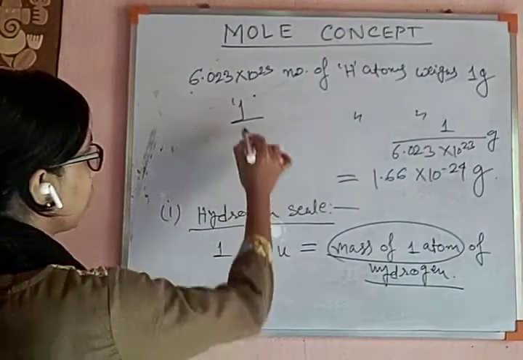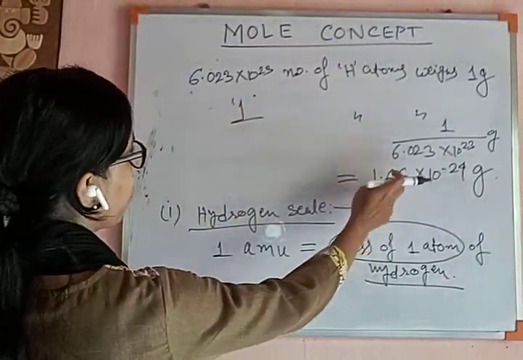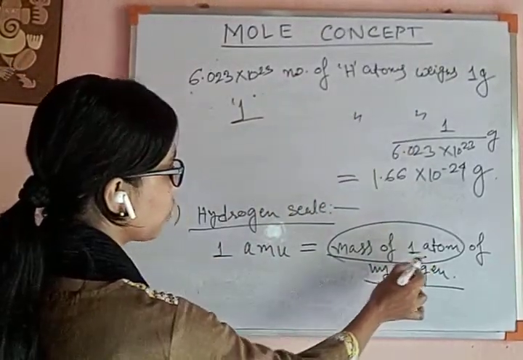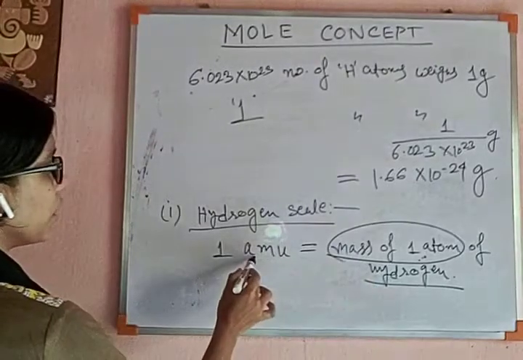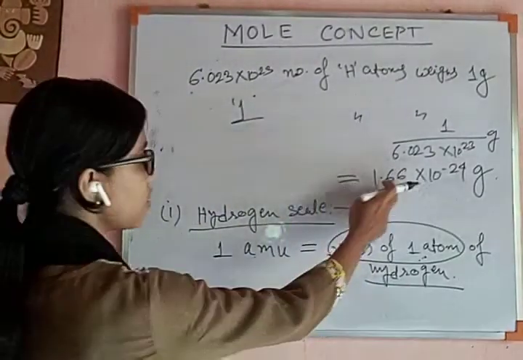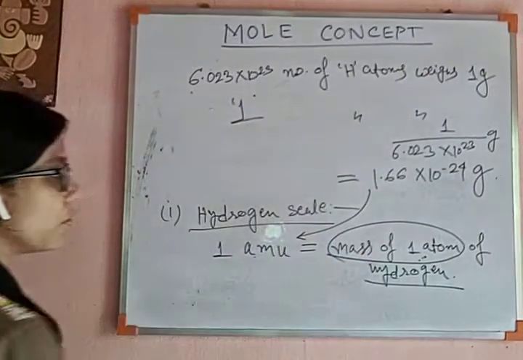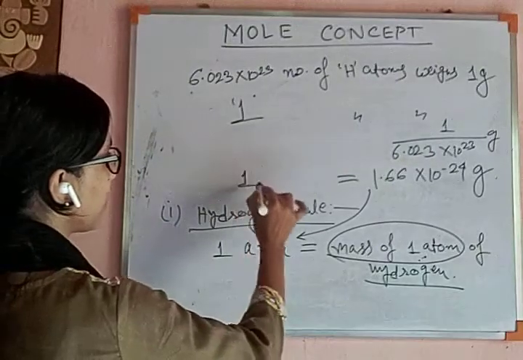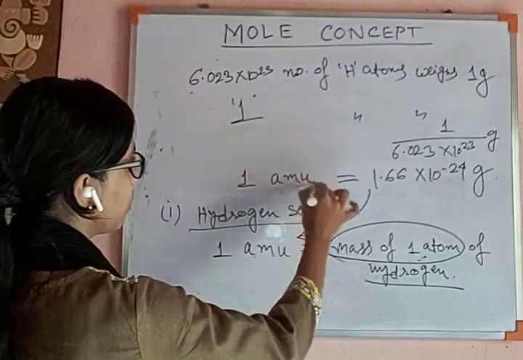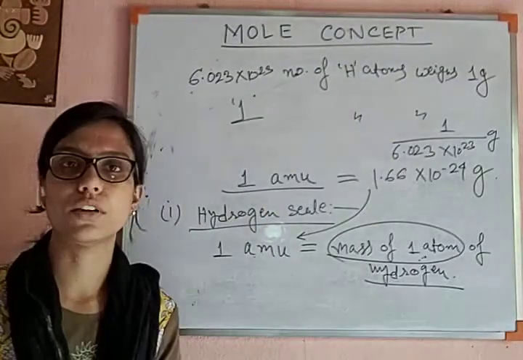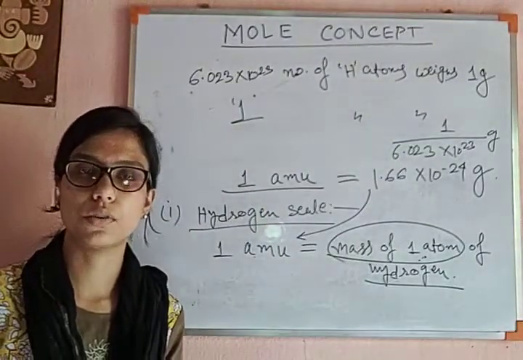This is the mass of one hydrogen atom, which is equal to 1 AMU. So we write 1 AMU equals 1.66 into 10 to the power minus 24 gram.